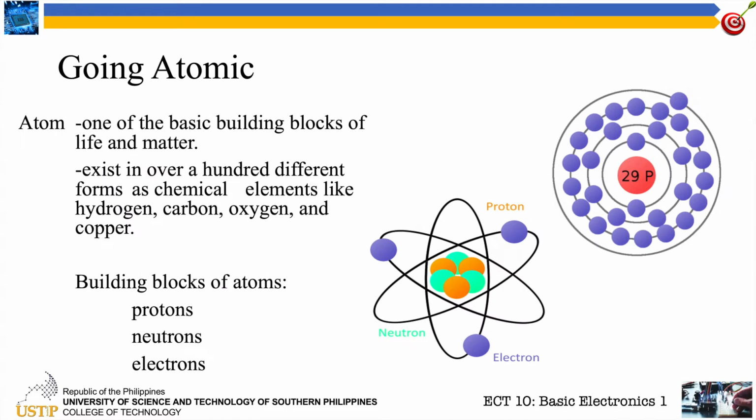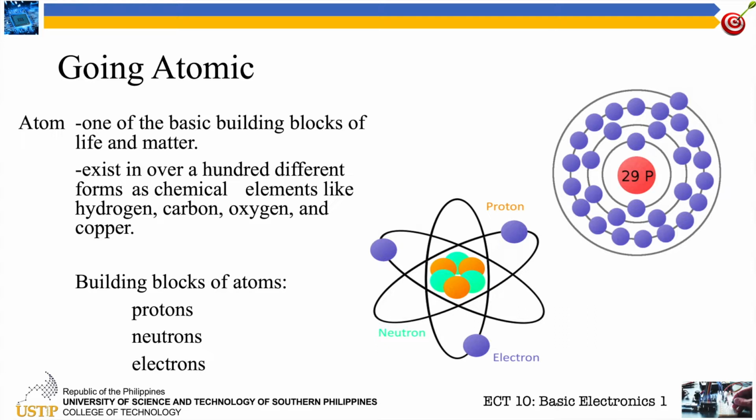Basically, we have here atoms, the building blocks of life and matter. All materials are made up of atoms. They exist in over 100 different forms as chemical elements, just like hydrogen, copper, oxygen, and boron.